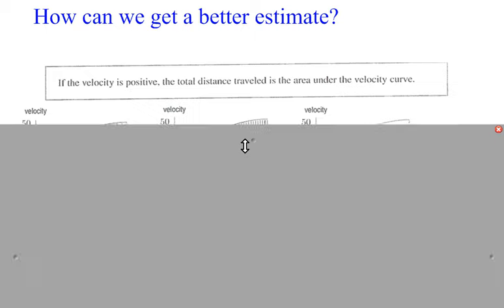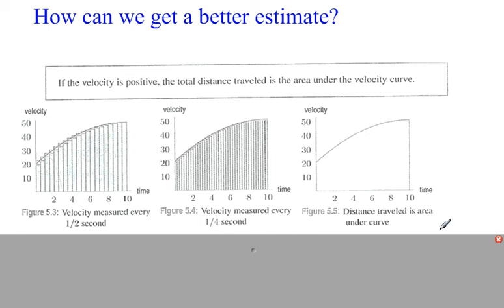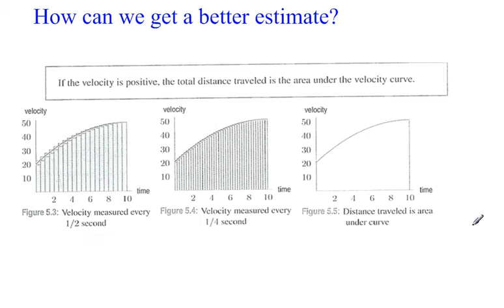Well, with more rectangles. As they get skinnier and skinnier, you should be thinking limits here, so the limit as the width of the rectangle goes to 0, we get a nice smooth curve, and once we get a nice smooth curve, this one gives us the exact distance traveled.